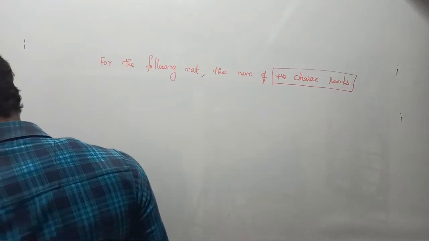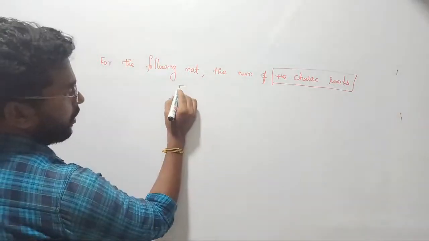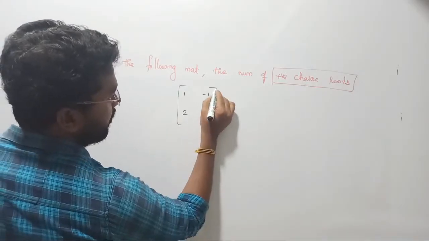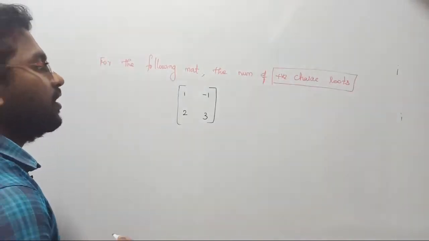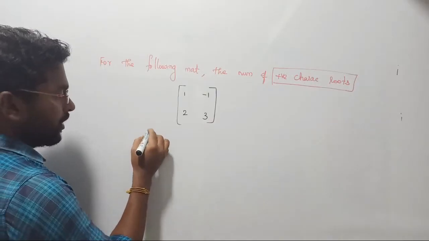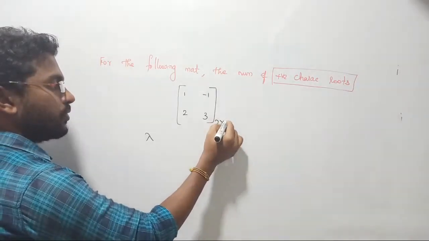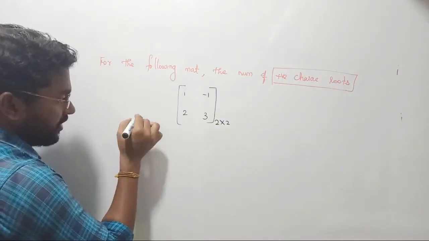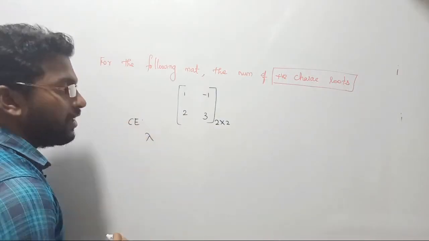The given matrix is 1 minus 1 2 3. Since it is a 2 cross 2 matrix, in order to obtain the eigenvalues, the first step is to write the characteristic equation.